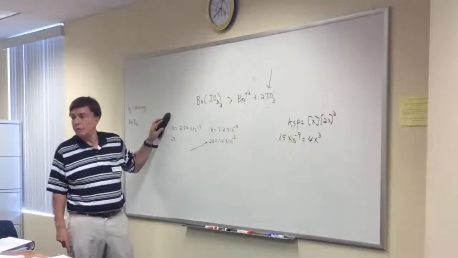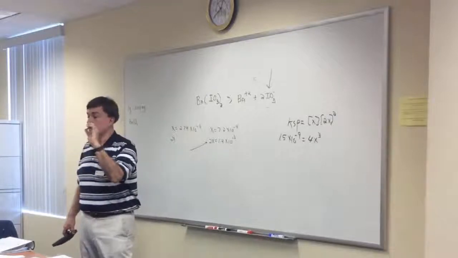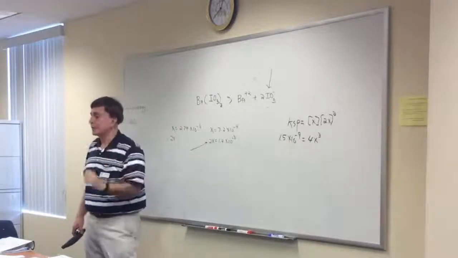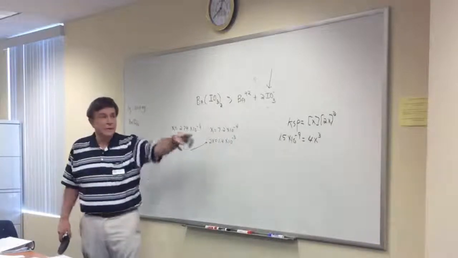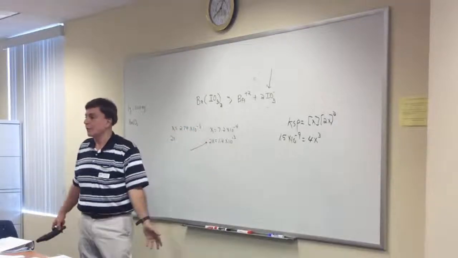Again, pretty straightforward stuff once you start. But a lot of you, mark my words, are not going to use the ice tables. You're going to do it in your head, and you're going to muck it up. Put it in the ice table, because otherwise that 2x will get lost. You'll just square it.